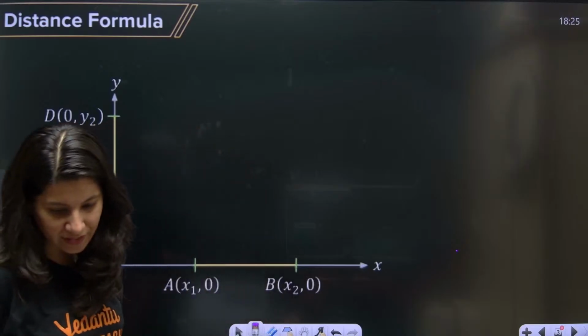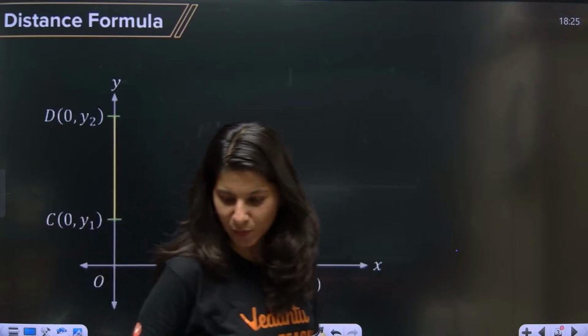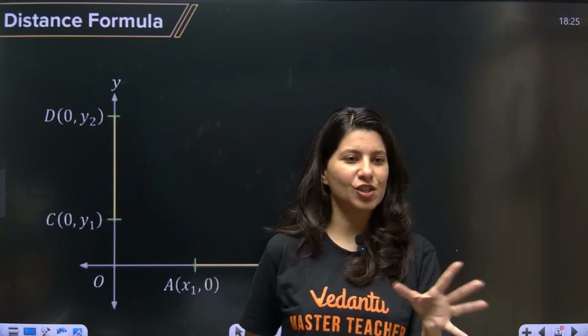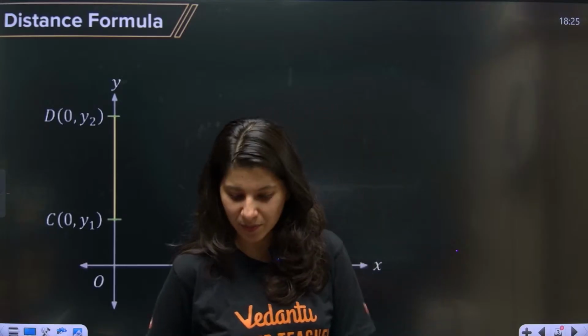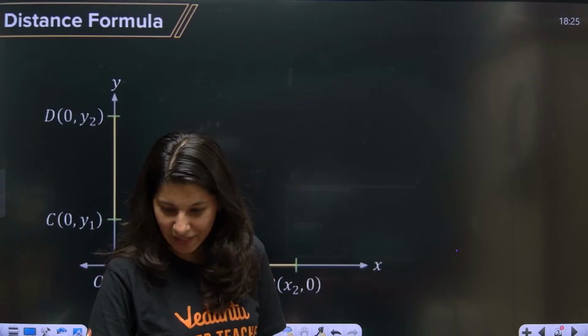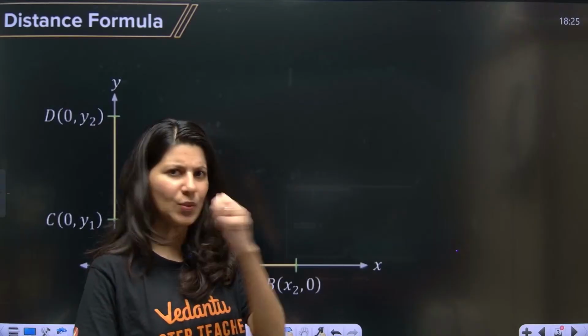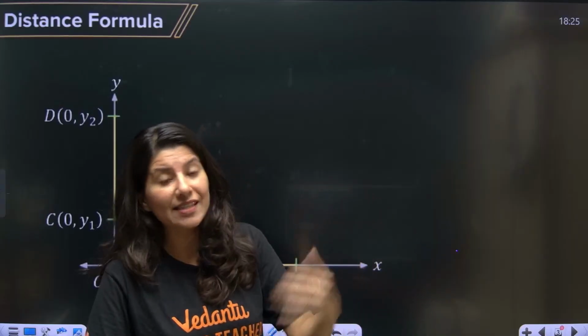Are we up for it? Ibu is saying 7:30-ish, so before 7:45 we are going to wind up. Yes, 2026 JEE aspirants, this session is for 2026, but it can be attended by 2027 aspirants as well.